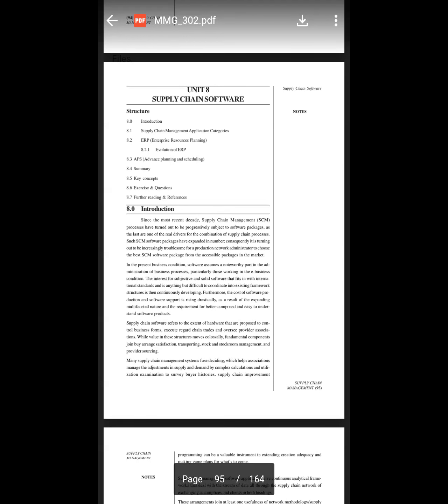There are lots of softwares available in the companies, right? The larger companies, the companies having a huge amount of capital, usually utilize this software because it is very helpful for them.